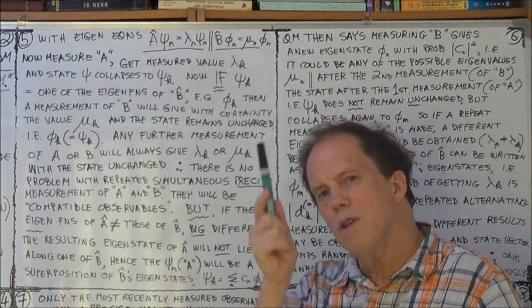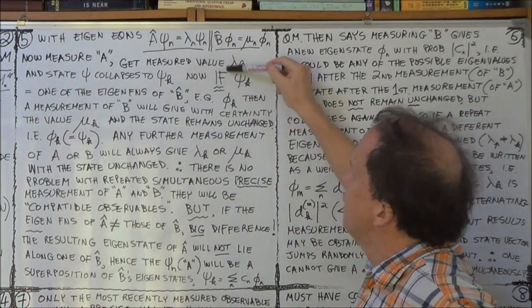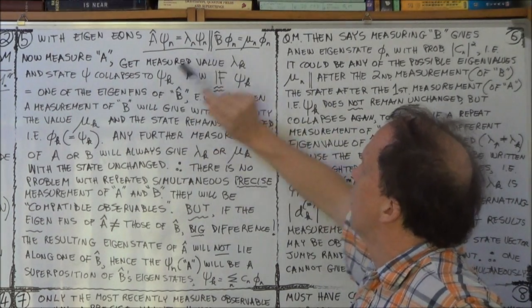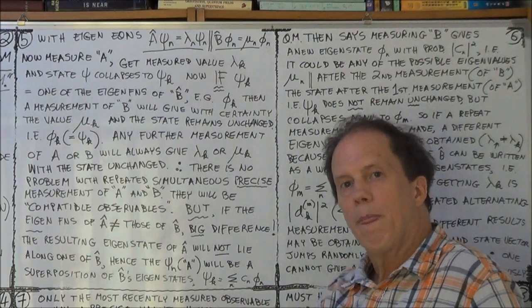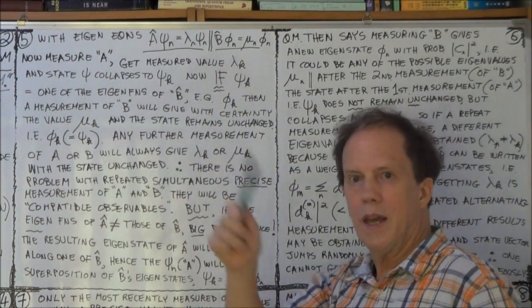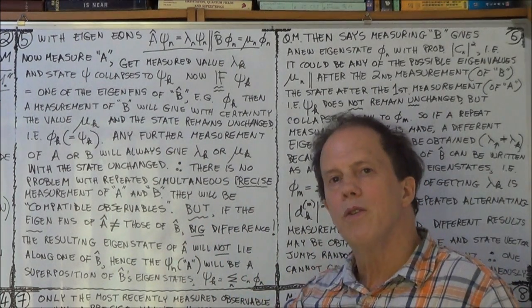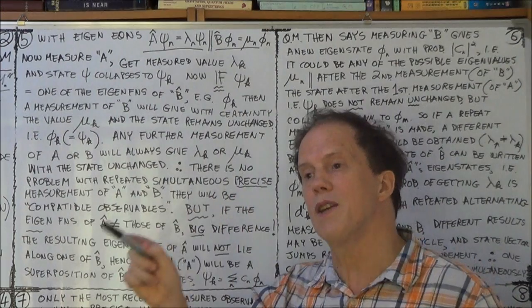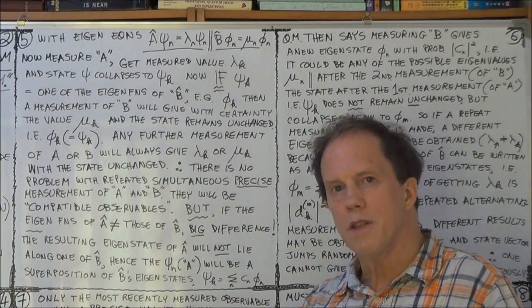So in other words, if this is equal to one of these, it's a big if, then you can measure A, B, A, B, A, B, and know what you will get. You can measure A and B with all the accuracy that you want.